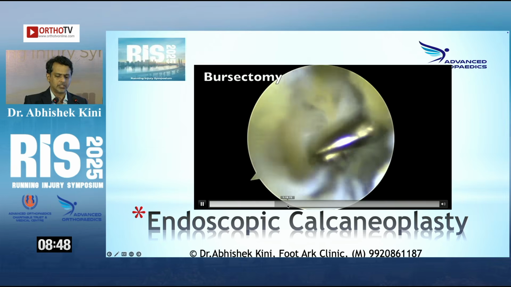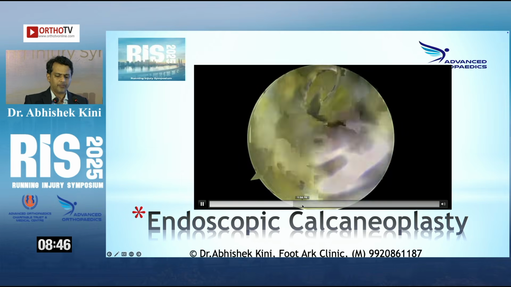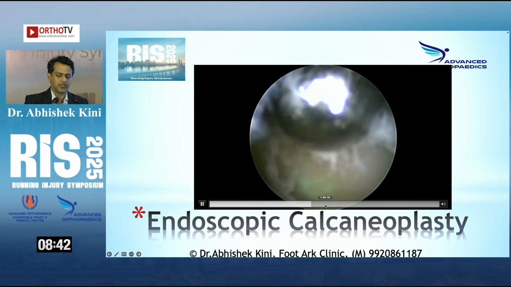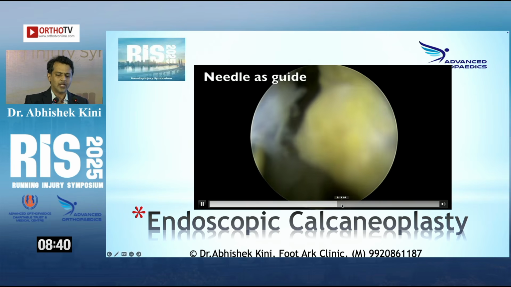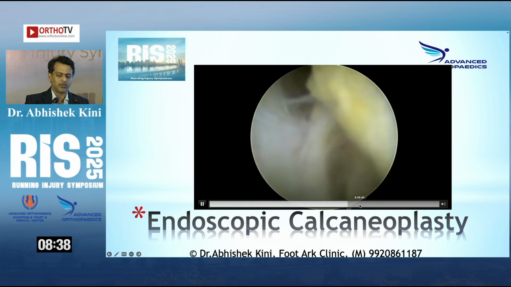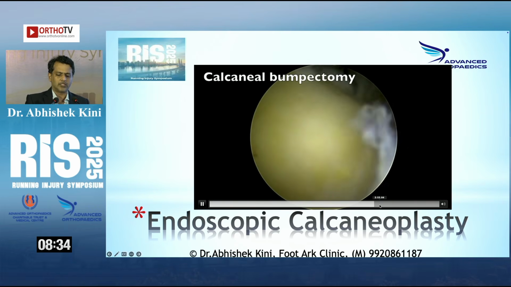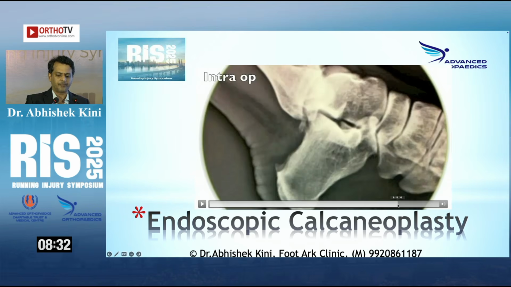You could actually see the bursa coming out, and you debride, make sure that you get the entire bump and the spur out arthroscopically, and if required, you may have to repair the tendon from its insertion or its attachment.